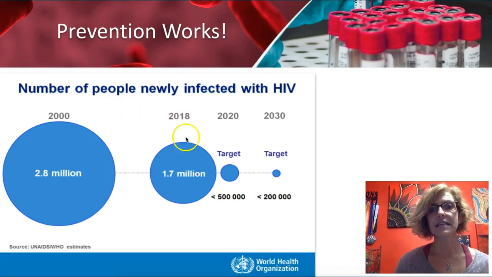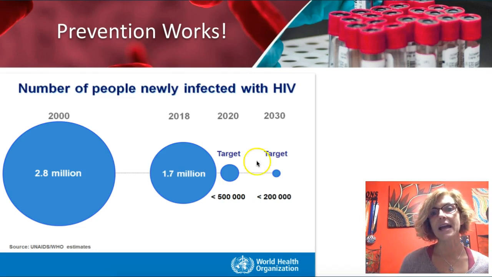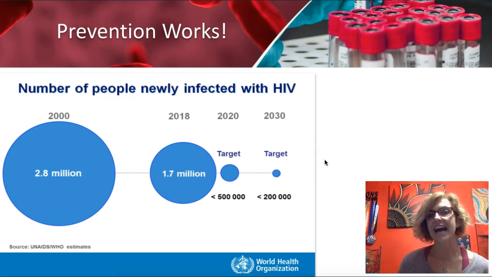But now, teaching people to live with their infection and to treat it so that it's not transmitted to others, the numbers are decreasing drastically with only 1.7 million new infections last year. So the target by 2030 is to have less than 200,000 new infections, and that is an awesome goal.